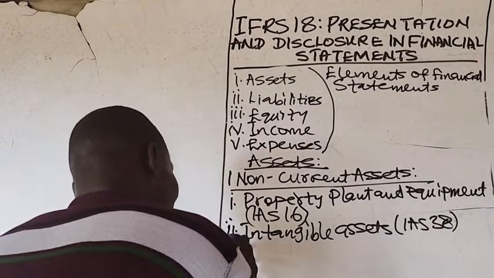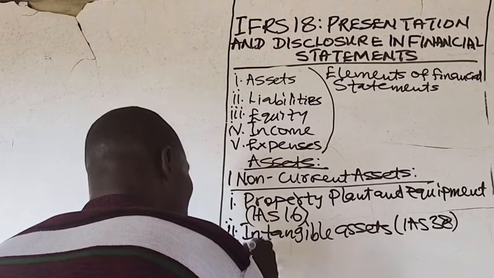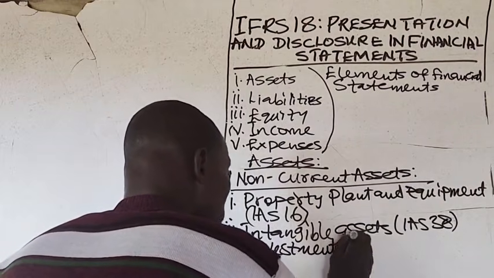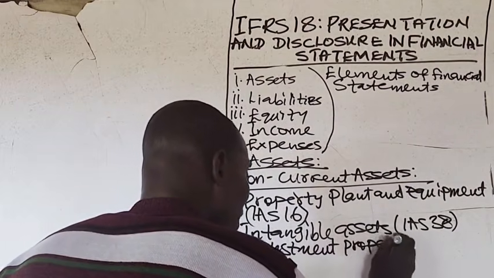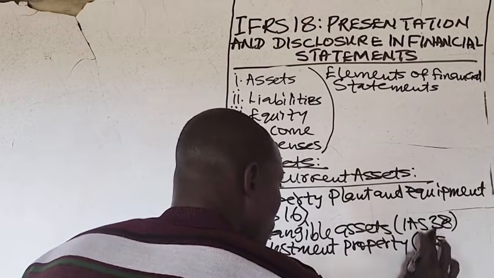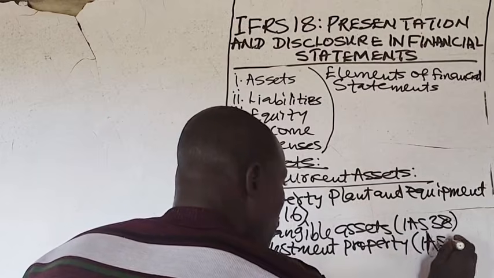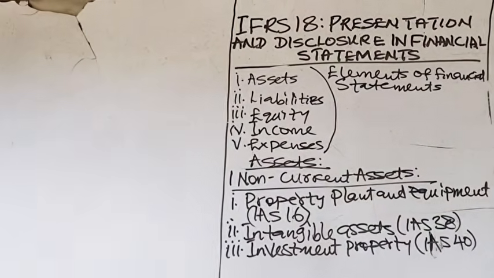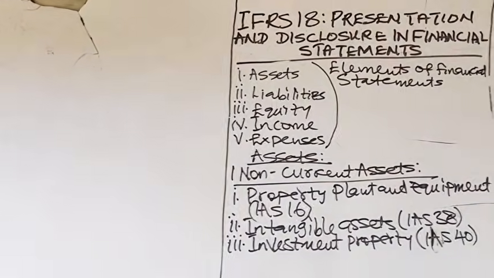Then number three, we have investment property in accordance with IAS 40. That is the standard on investment property.